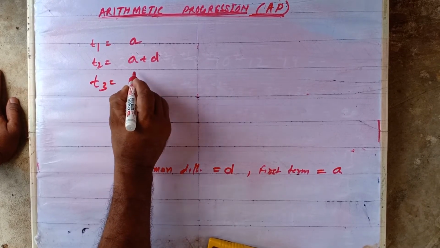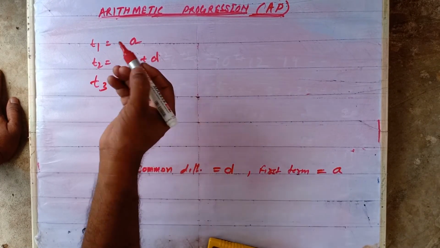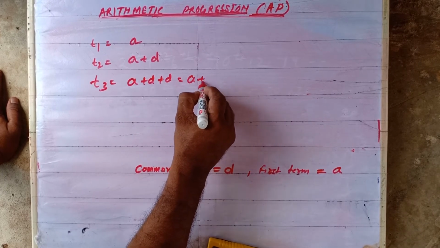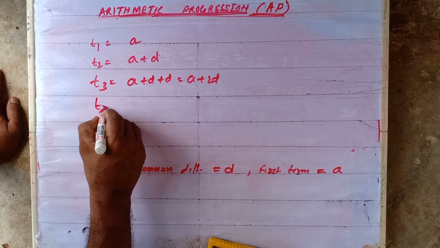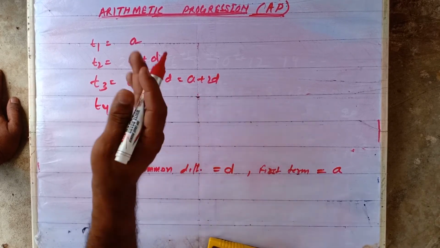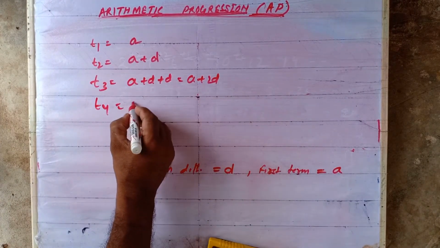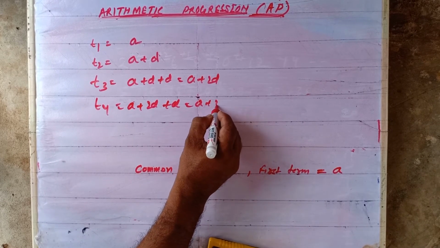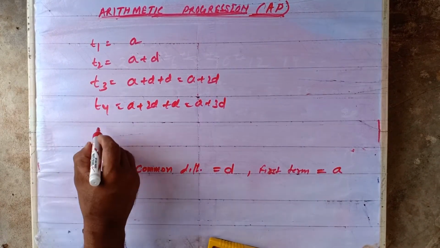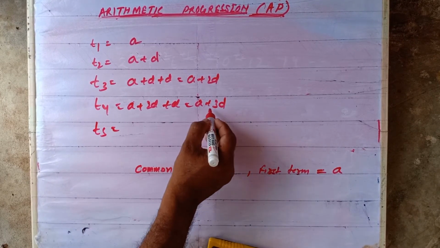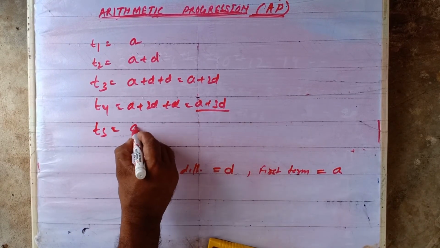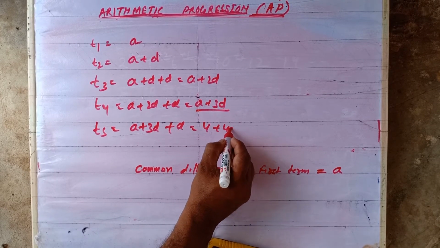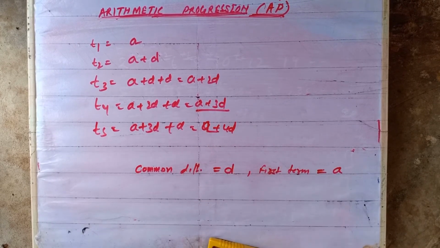T3 is the second term plus d, that is a plus 2d. T4 is the third term plus d, that is a plus 3d. Similarly, the fifth term is the fourth term plus d, that is a plus 4d.